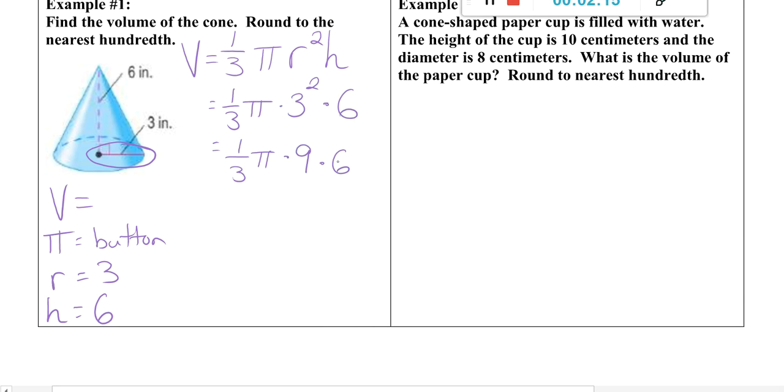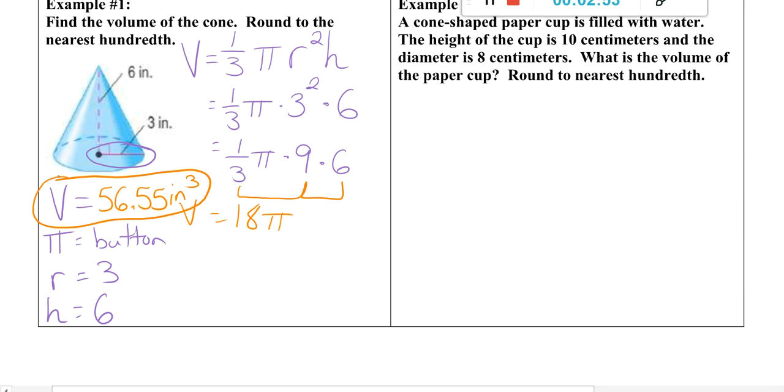And what I'm going to do here is I'm actually going to multiply 1/3 times 9 times 6 first. So we know 9 times 6 is 54, and then times 1/3 is going to be 18, so that leaves me with the volume equals 18 pi, and then I'm just going to multiply 18 times that pi button, and that gives me a value of 56.55 inches cubed for my volume.